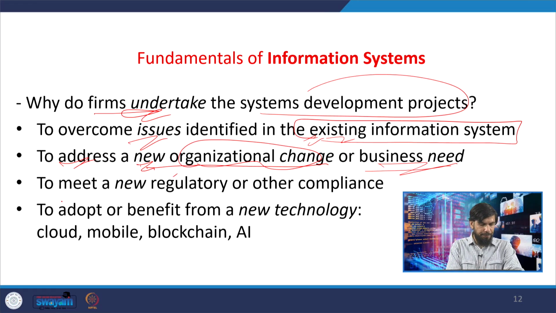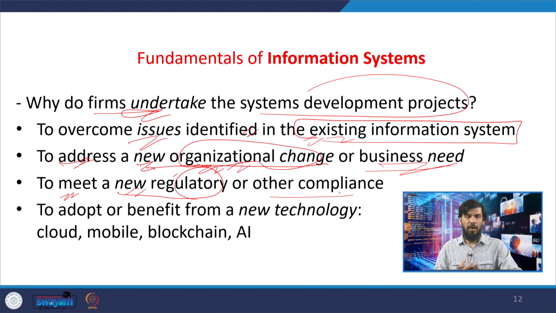So, this was internal. The first one was related to issues, the problems. The second one is related to internal things, and the third one is related to the external: new regulatory or other compliance requirements. From time to time, regulatory agencies come up with certain requirements that firms in different industries, as applicable, need to comply with.